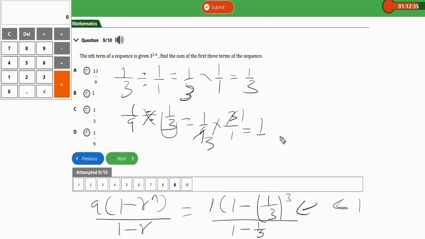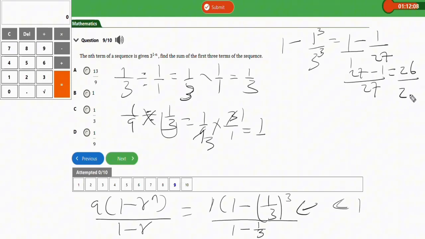Remember, everything inside the bracket, so this is the same thing as 1 cubed over 3 cubed. So it's 1 minus 1 over 27. LCM is 27, 27 minus 1 is 26, so this will give us 26 over 27.